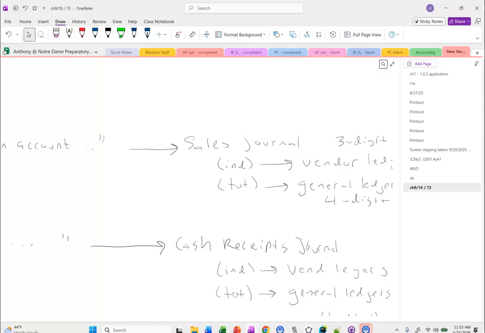The second entry in our cash receipts journal was received cash on account from Malone Corporation covering S406 for $2,670 or whatever. So I'm going to take that.